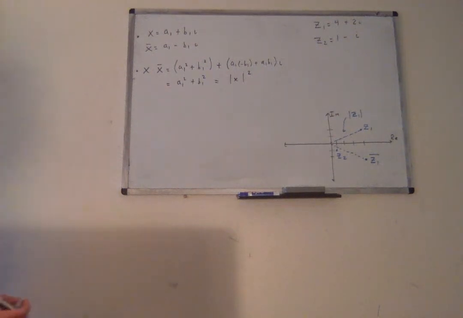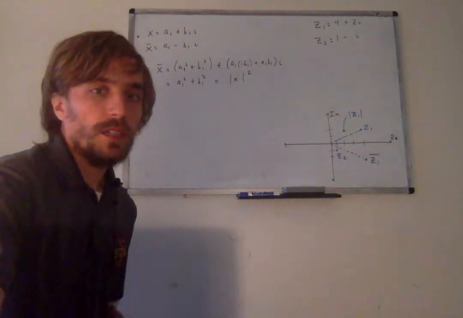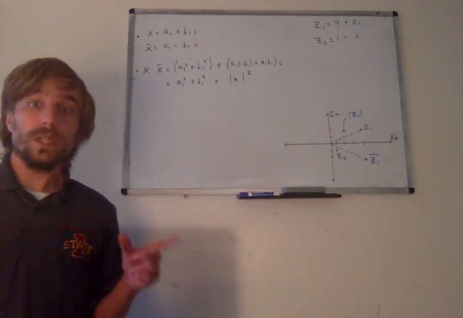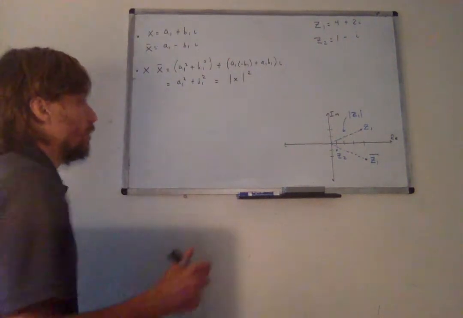So keeping this in mind, that the product of a complex number x and its conjugate is always a real number, now we can define division.